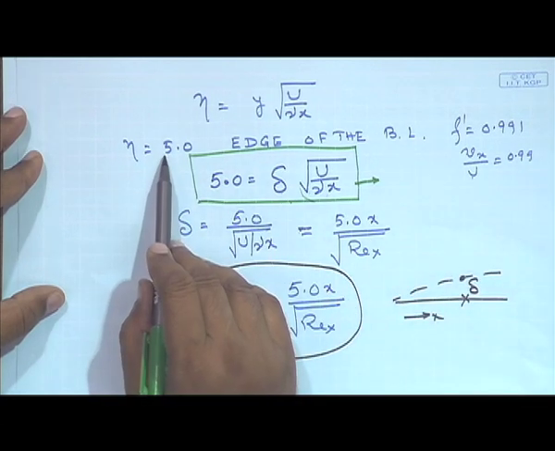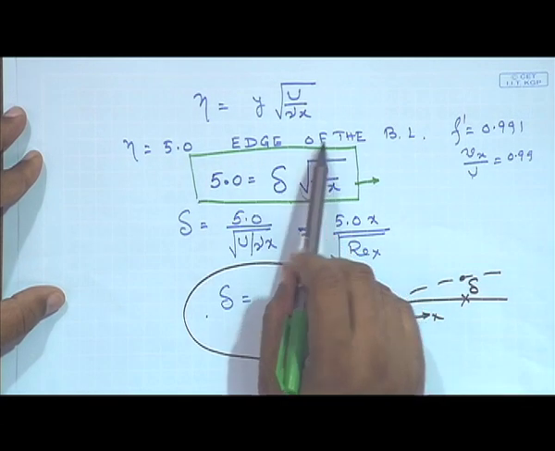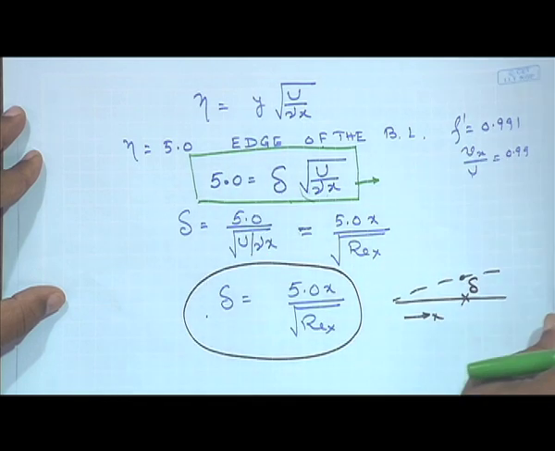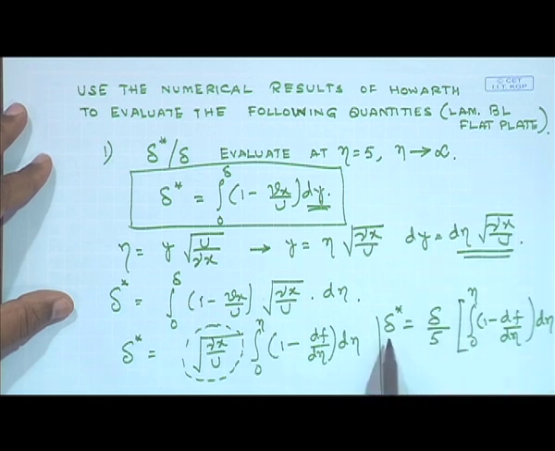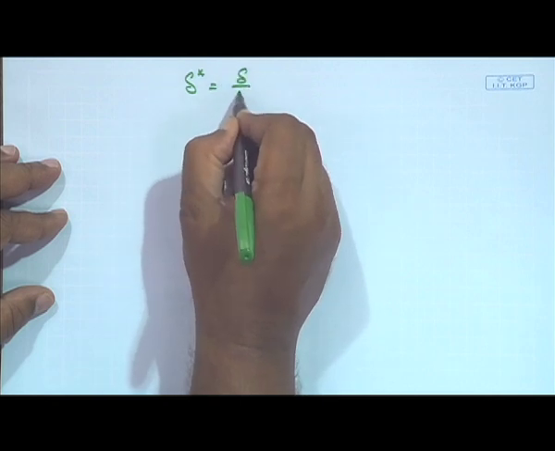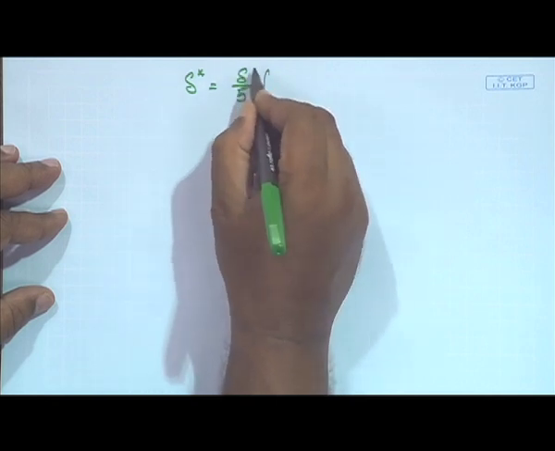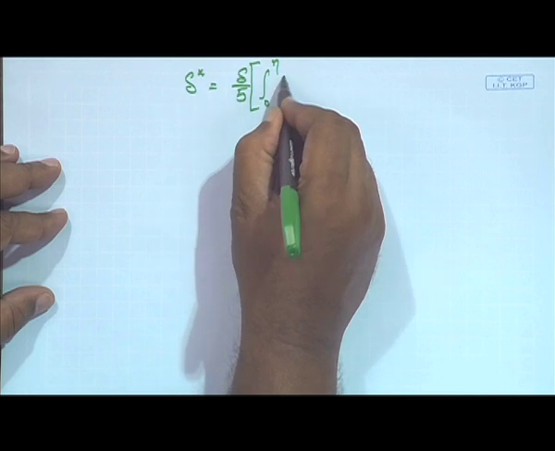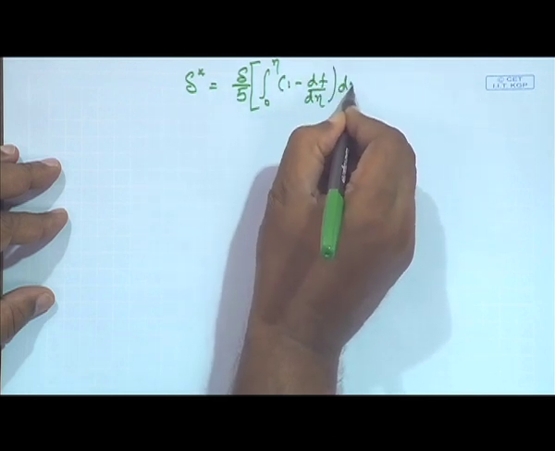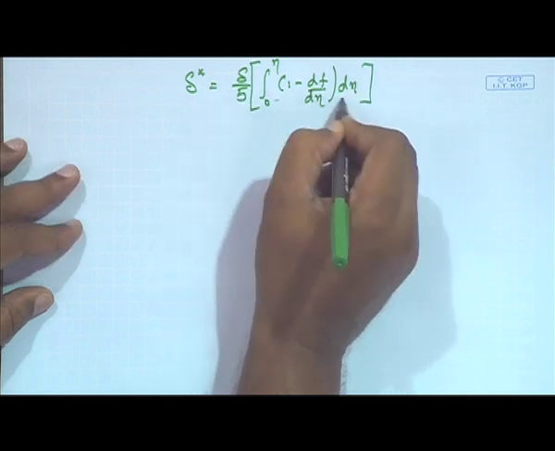Since at eta equals 5 we reach the edge of the boundary layer, at the edge of the boundary layer y must be equal to delta. So through this, I will bring simply this as my expression. I will take it one step further. From this, where we have written delta by 5 times the integral from 0 to some value of eta of 1 minus df d eta times d eta, I perform the integration now.